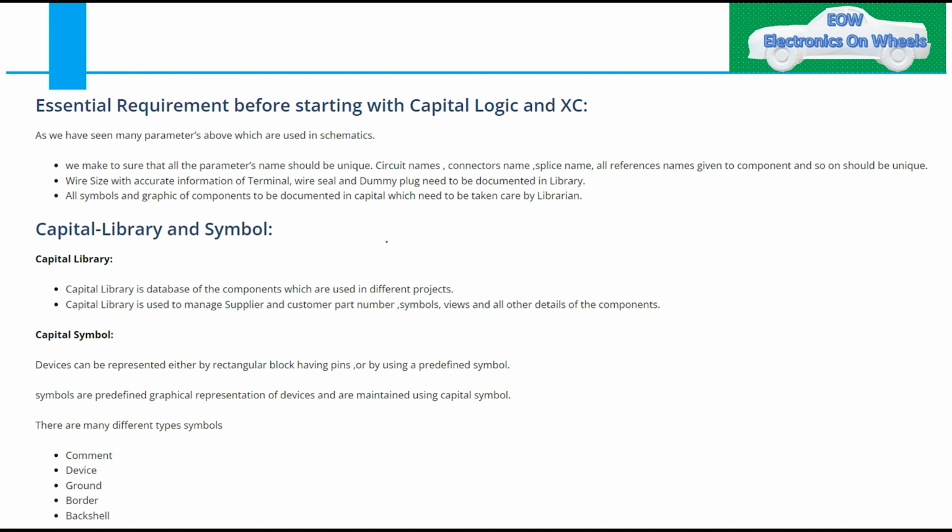Then wire size, with accurate information of the terminal, wire seal, and dummy plug, needs to be documented in the library. I will tell you why we want this particular information when we go to the second chapter, because all the wire size information, like terminal number, wire seal, and dummy plug, is taken automatically in the Capital logic.